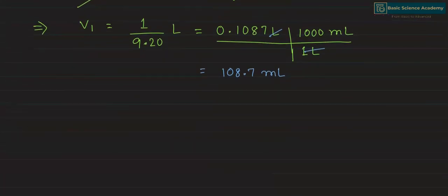So this is the final answer for part D. So we need 108.7 mL of concentrated HClO4 solution to prepare 1 liter of 1 M dilute HClO4 solution. You are done with all parts.